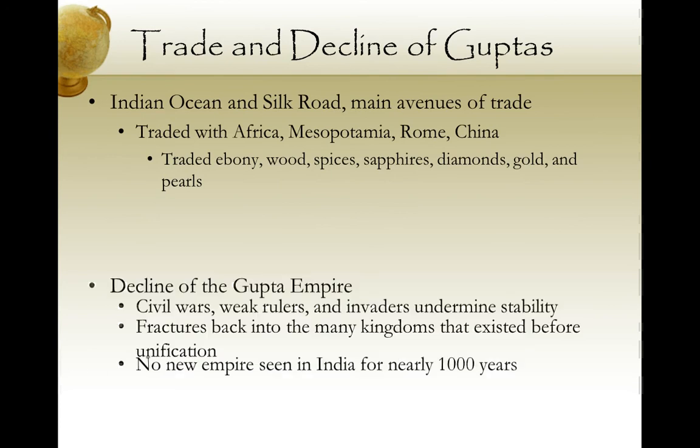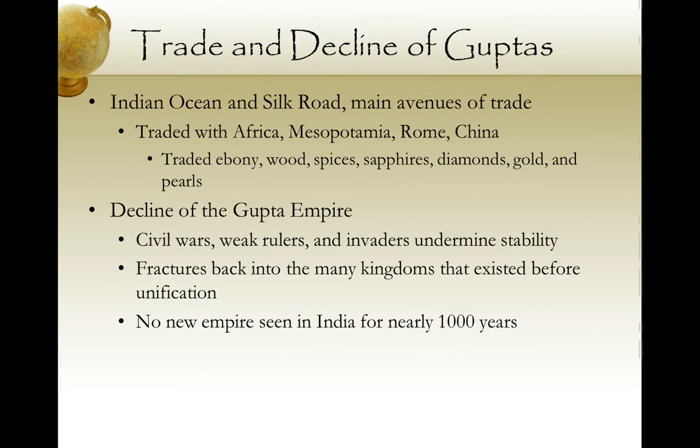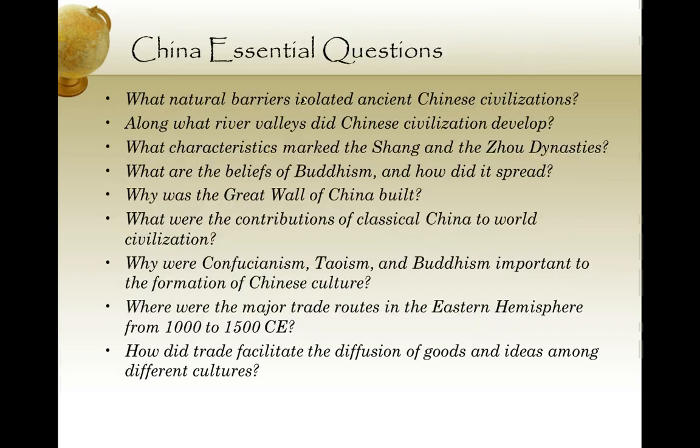The Gupta, and because we have a lot of internal fighting, right? So we've got these fractures that had existed prior to the development of the Gupta, and it's hard to erase those effectively. So we don't have one empire come into power to control as much of India for the next 1,000 years.